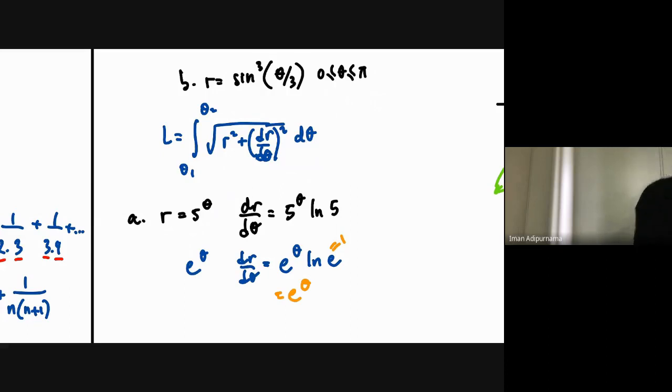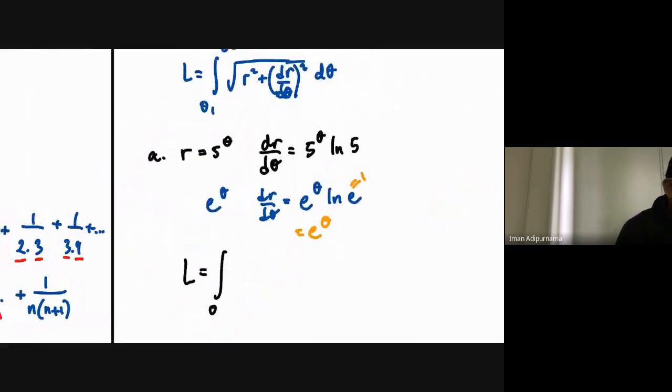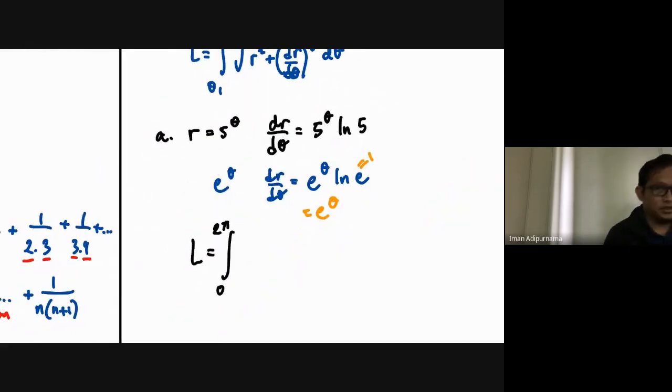So when you're changing this e to a number, then it will be ln 5. And this is the first reference. I hope you still remember how to derive. And the next thing, we can input from 0 to 2 pi.